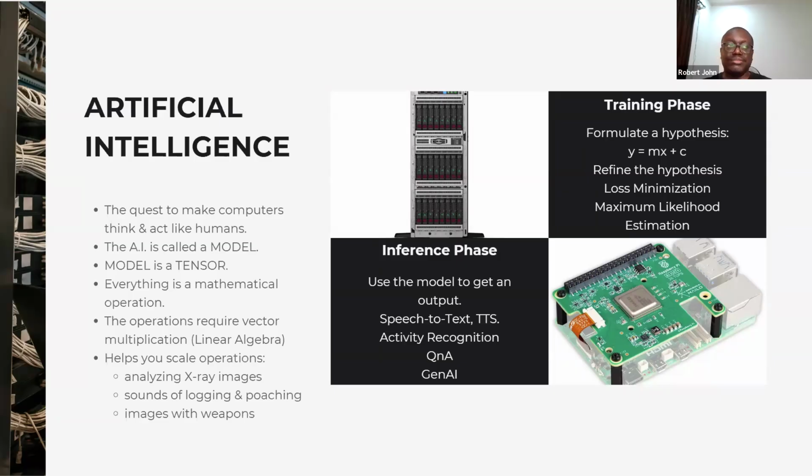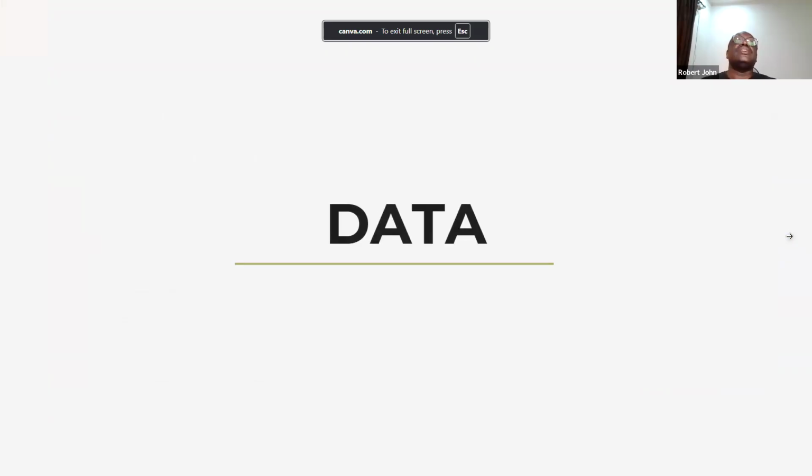You'll need an army of analysts. But where you have AI that is trained to detect these things, then all you have to do is have the right number of servers, connect your cameras to these servers, and just let them do their stuff. Okay, so that's artificial intelligence.